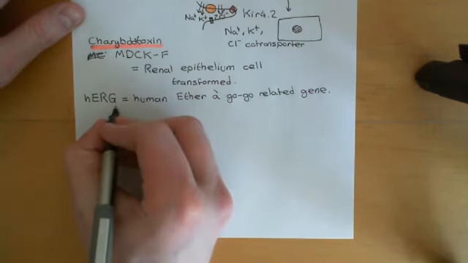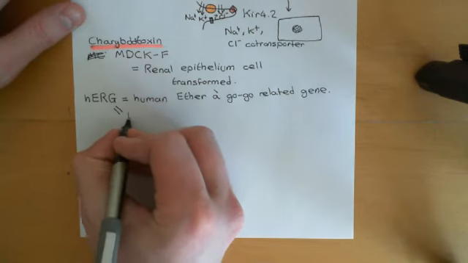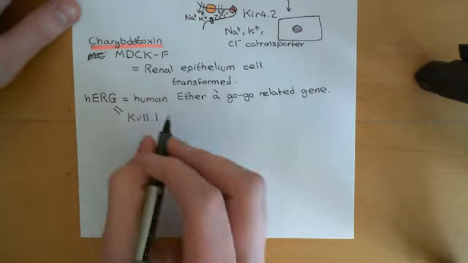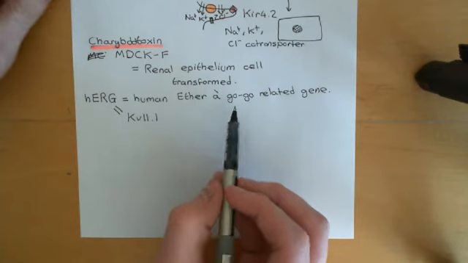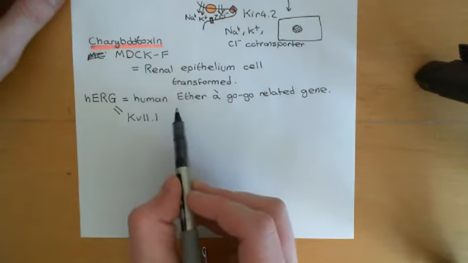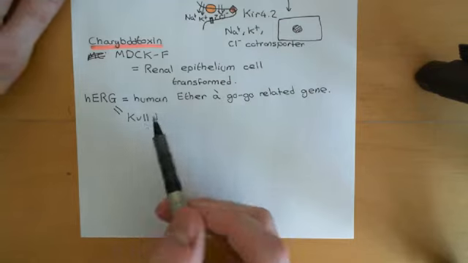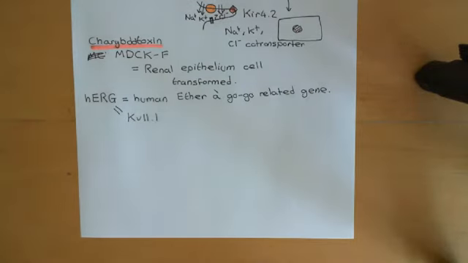The more sensible name for a HERG subunit is a KV11.1 subunit. Remember, the ether-a-go-go potassium channel subunits were KV10.1 and KV10.2. Now this human ether-a-go-go related gene is KV11.1, so they're near each other in the naming system. Again, it's a homotetrameric voltage-gated potassium channel, as we've seen many times before.